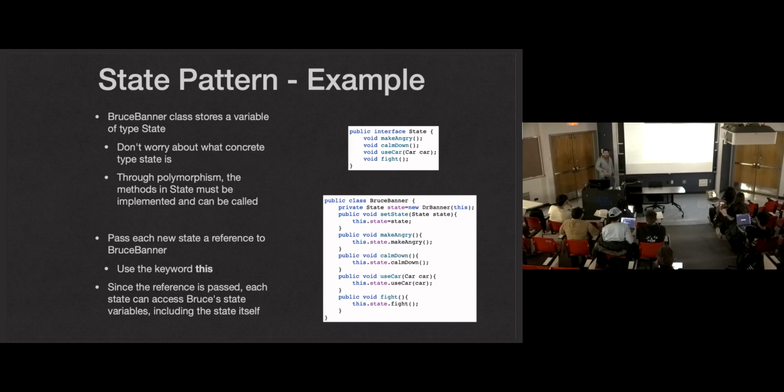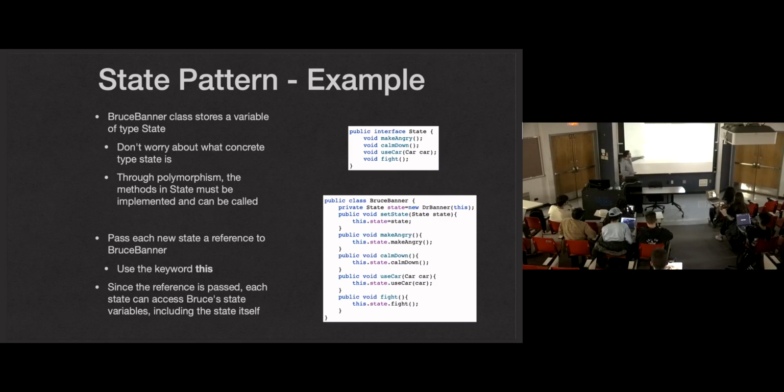The actual object referred to by that variable can either be Dr. Banner or the Hulk. Both of them implement state through polymorphism. They can both be stored in this variable. So we need polymorphism to make this work at all. Since they both implement state, that's a valid assignment. Dr. Banner can be assigned to that. The Hulk can be assigned to that.